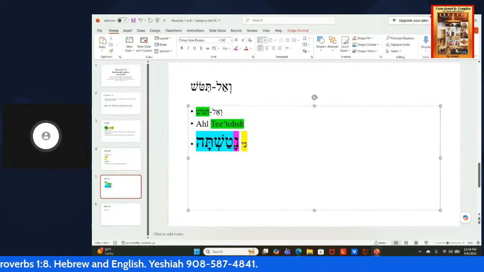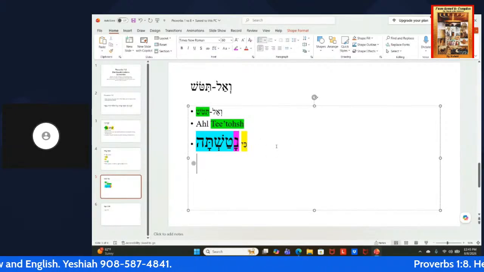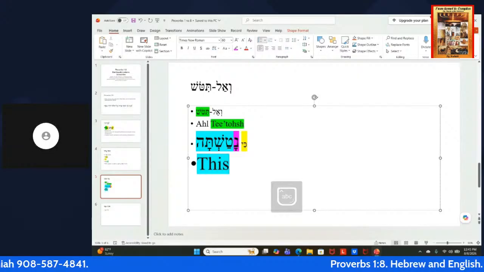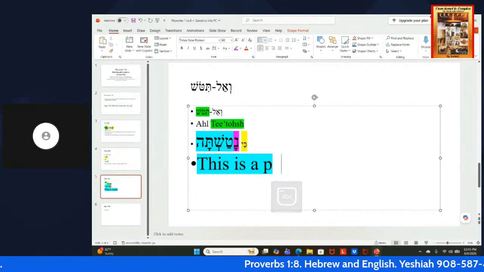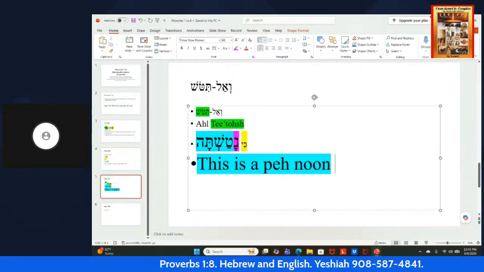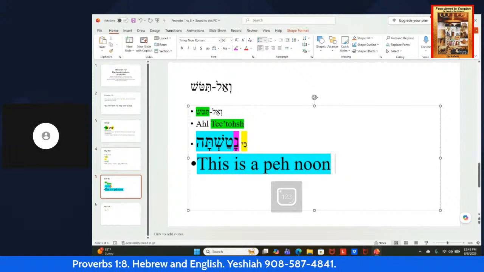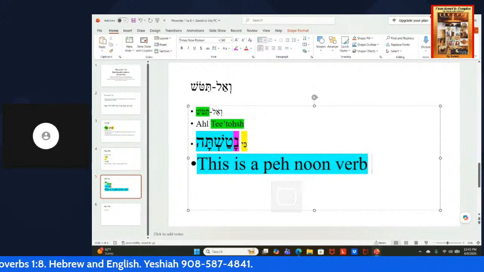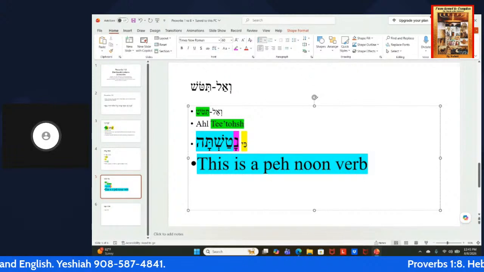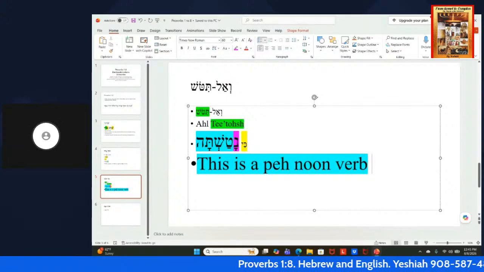So let's make some notes upon this. All right. This is a pay noon verb. Now, any verb, brothers and sisters, that starts with the letter noon, as stated, is referred to as a pay noon verb.